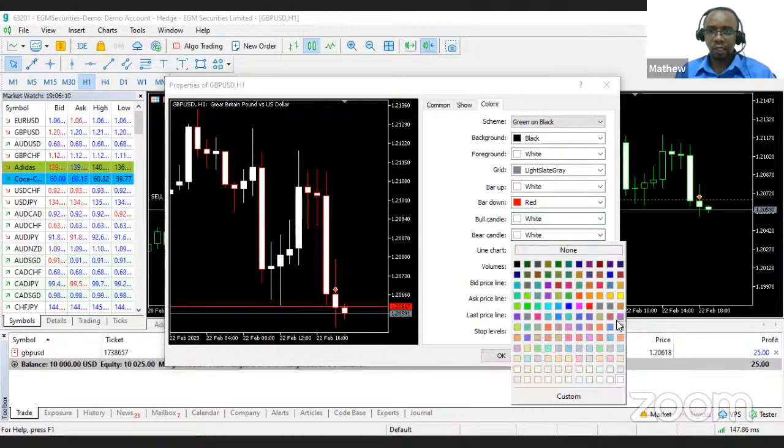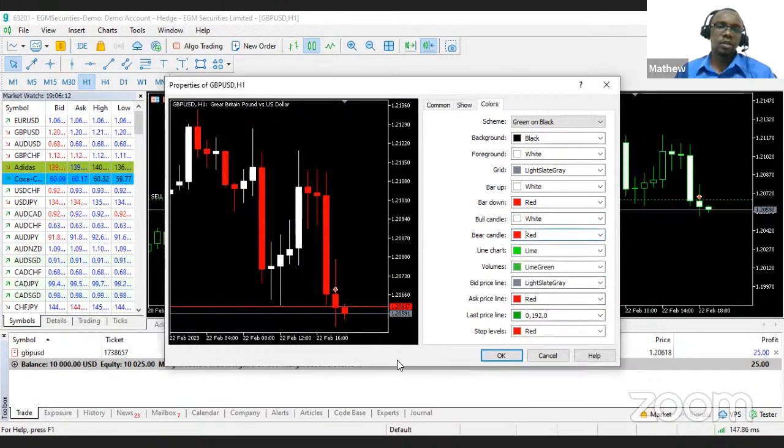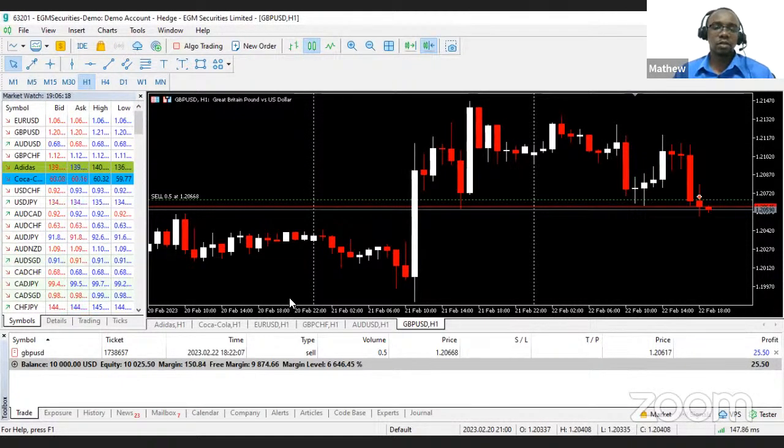Bear candle, red. This is how you customize your candles. And as you can see, this is now a customized chart.